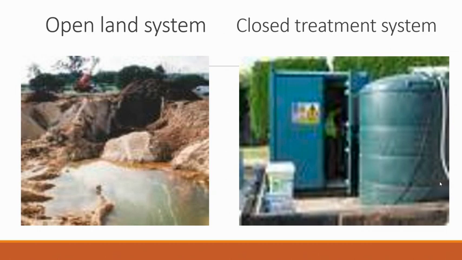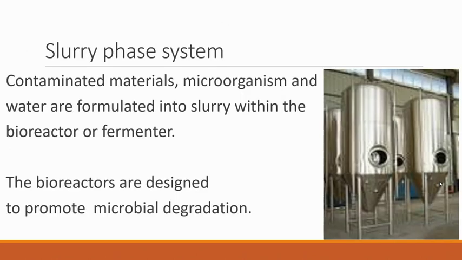And what I mean by the open land is what you have seen. You can just allow degradation to go on in the open land, which means you can't control anything. But in a closed system, you can till the ground, turn the process so that the organism can come in contact with the contaminant.